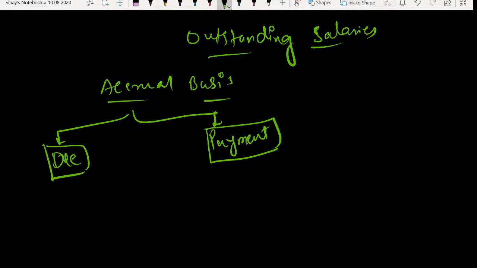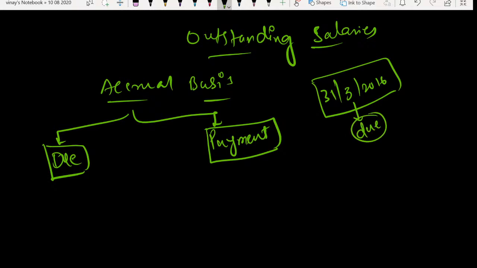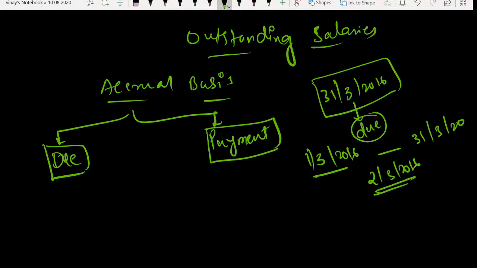For example, on 31st March, every employee's salary will fall due. Between 1st March 2016 and 31st March 2016, take for example 2/3/2016, here we say the salary has not fallen due.